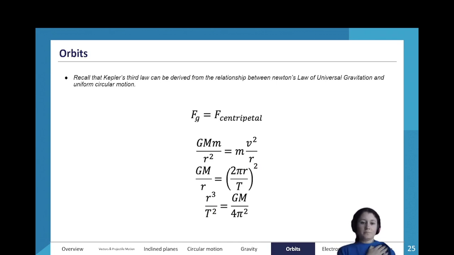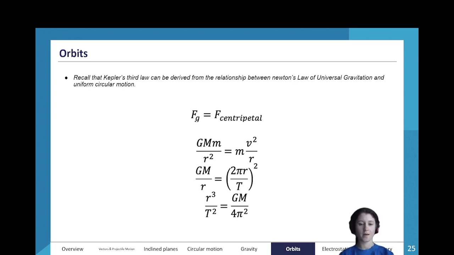Right. Now let's get on to a question where we are recalling that Kepler's third law can be derived from the relationship between Newton's law of universal gravitation and uniform circular motion. So this is something that is important to know as well, and it is explicitly mentioned on your syllabus, as you can see there.